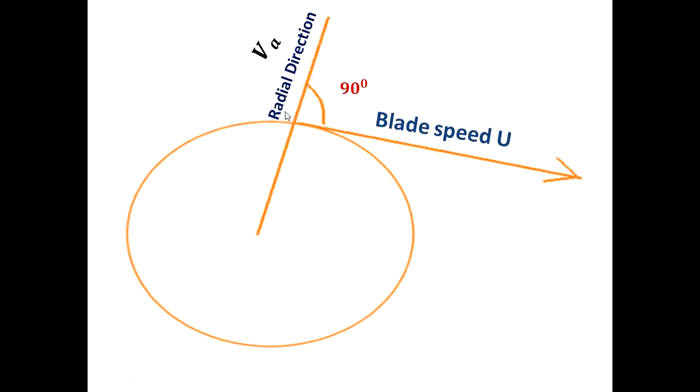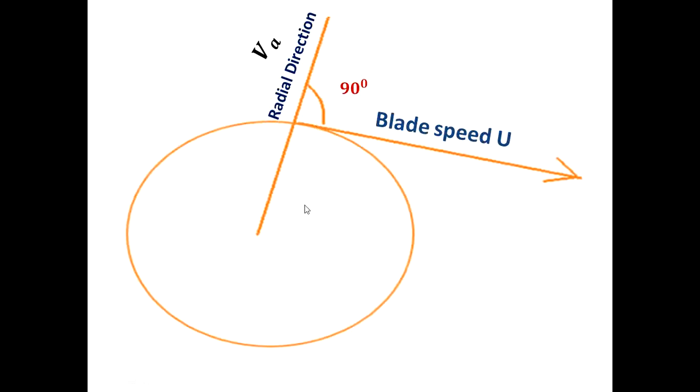In the radial component also, keep in mind, the blade velocity will be in this direction, and the radial component will be in this direction. Therefore it is 90 degrees. Either the radial velocity or the axial velocity will always be perpendicular to the blade speed. That means if you write the blade speed horizontally, you must write the axial or radial velocity in the perpendicular direction only.